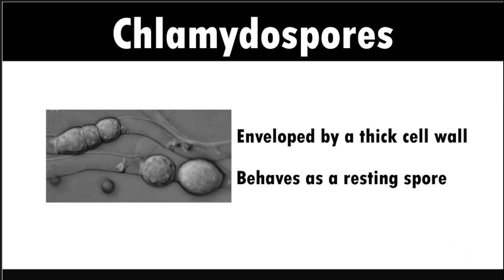Chlamydospores are resting spores which are created by the hyphae only, where the cell contents are aggregated together and have a thick coat around them, and they behave as resting spores to overcome unfavorable conditions.